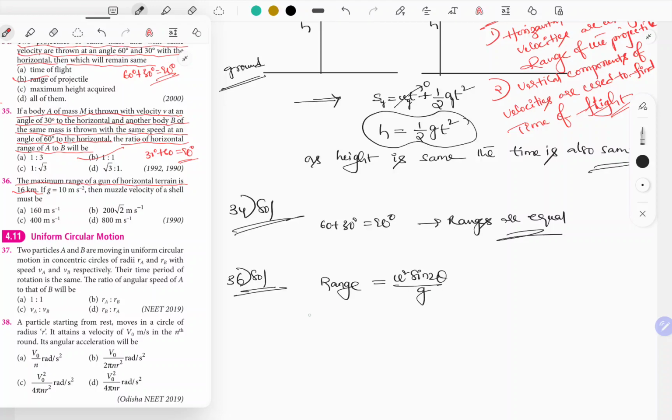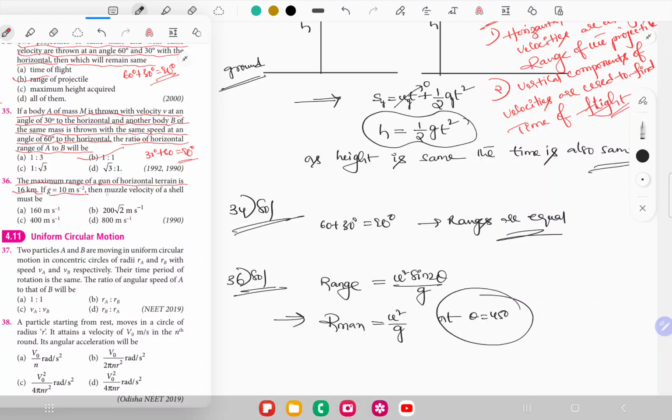At what value of theta are you going to get maximum range? R maximum is equal to u square by g at theta is equal to 45 degrees. So range will be maximum only at theta equal to 45 degrees. Now what's the question they're asking?